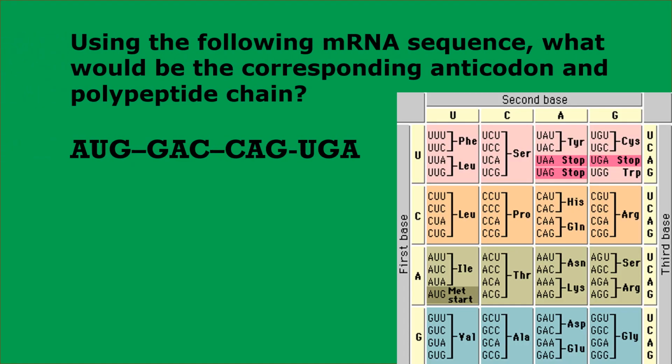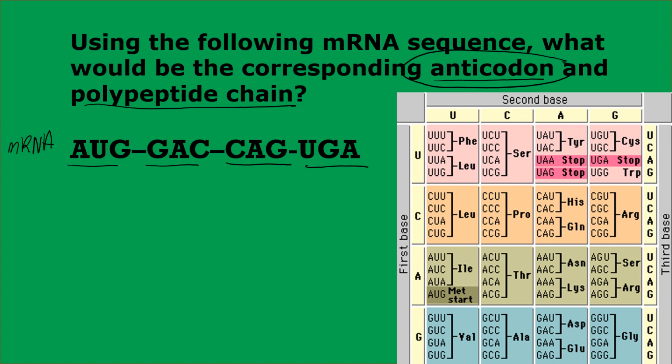So let's check again our understanding. Let's try this question. Using the following mRNA sequence, what would be the corresponding anticodon and the polypeptide chain? So this is already an mRNA. These are codons, so we are looking at the anticodon first.